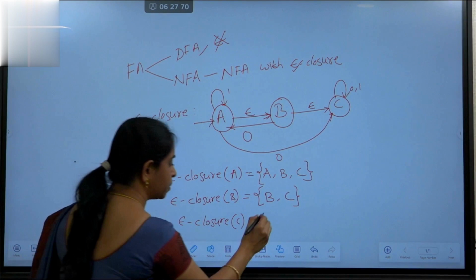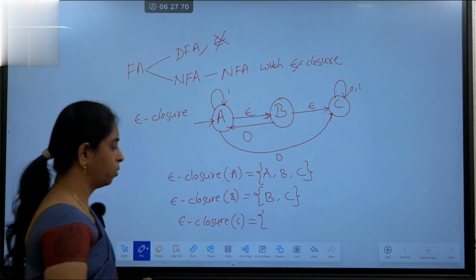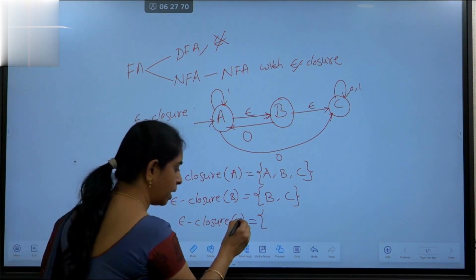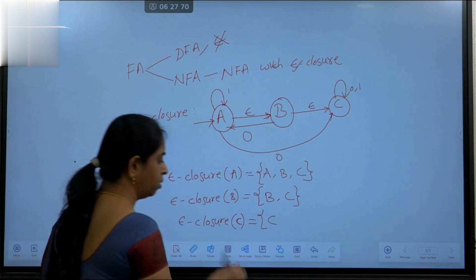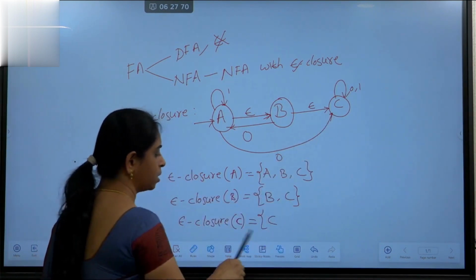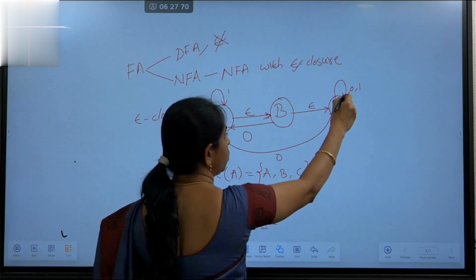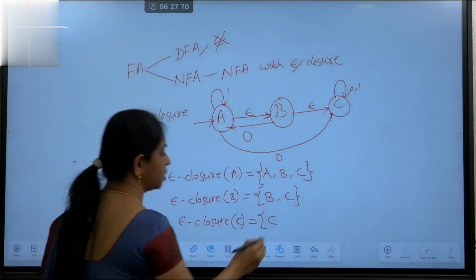Next, coming to the epsilon closure of C. Don't forget this: for the same state, we give the same resultant. So for C, the state C itself, and we don't have any epsilon transition from C, so stop.